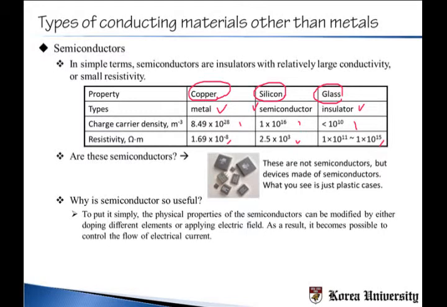And why is semiconductor so useful? If anybody asks you, a semiconductor simply means a bad insulator, right? The reason is that whenever you want to form a circuit, you want to have a conductor and an insulator in order to make the current flow in a certain direction. But if you use a semiconductor, you can control it, because its property is somewhere between an insulator and a metal.